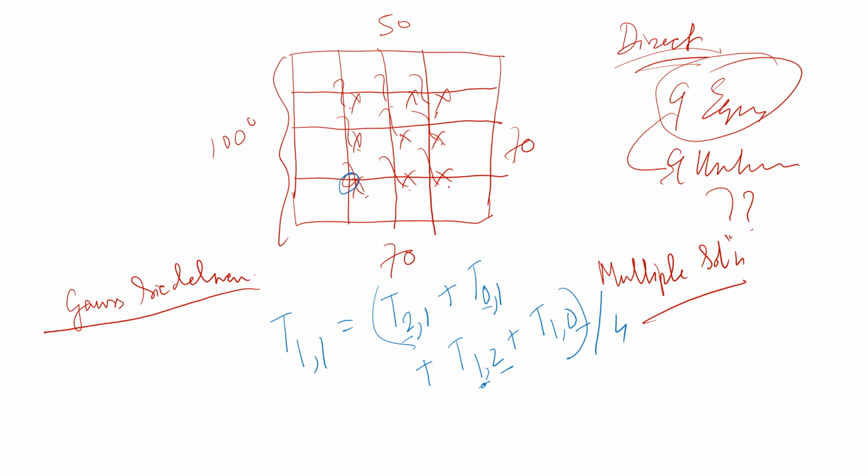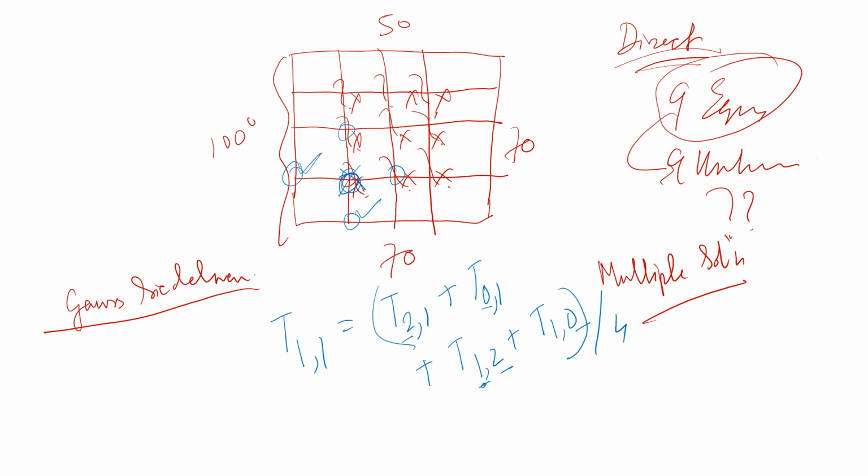So if you observe this now, as I discussed in the previous method, to find out the temperature at this point, we need the temperature at this point, this point, this point, and this point. The points at this part and this part are known because they are at the edge. So all the points on the edge have known temperatures.